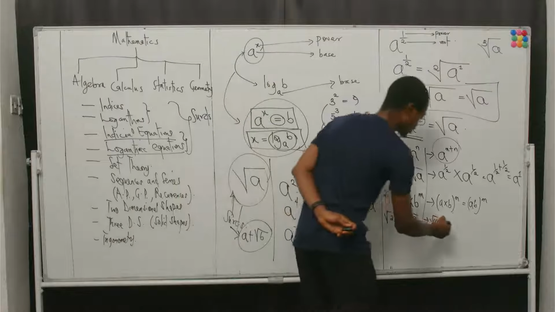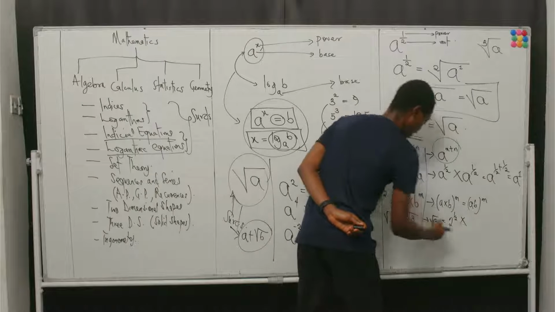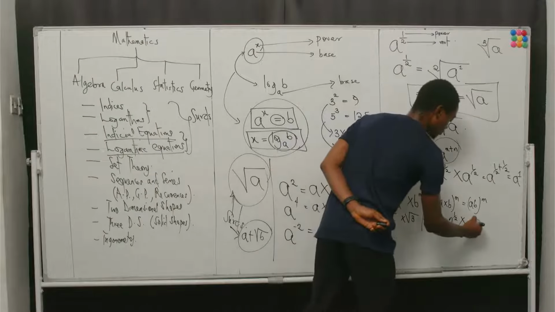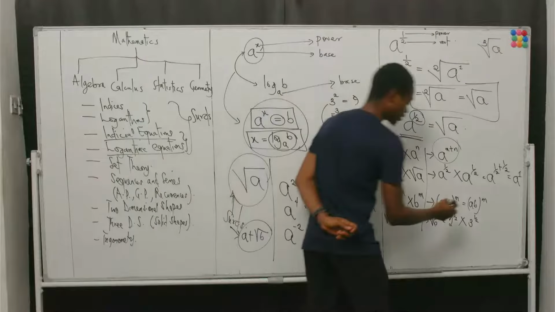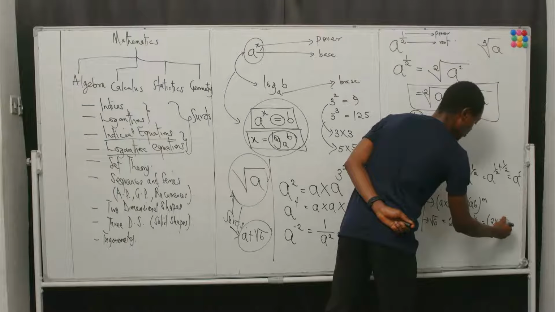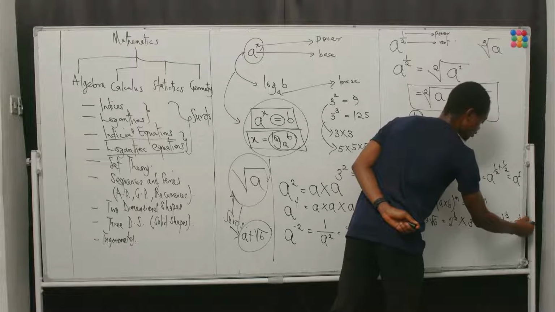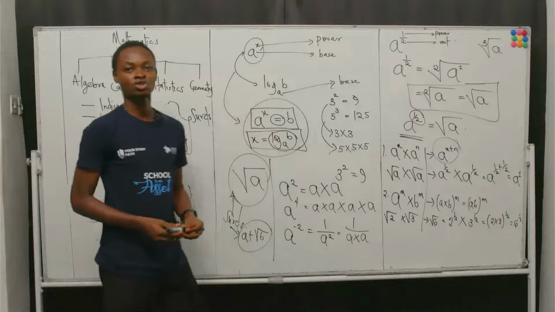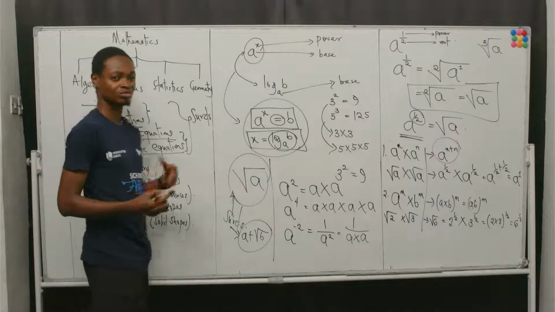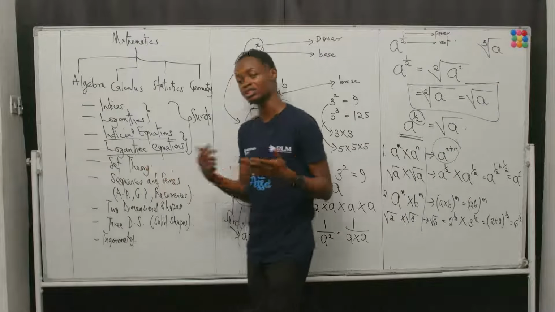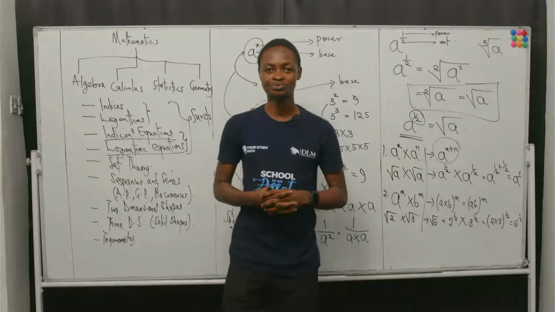What we have simply done is, because square root of 2 is 2 raised to the power half, times square root of 3, that's 3 raised to the power half. The power is the same. So in this case, it means 2 times 3 raised to the power half, which is 6 raised to the power half. Of course, you can try out other different expressions in indices and compare if it actually works for surds as well.